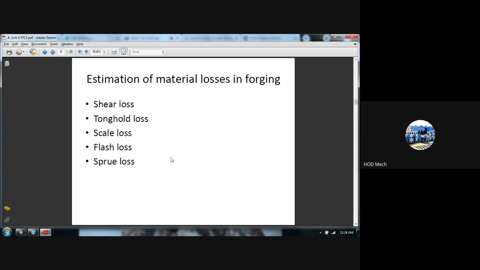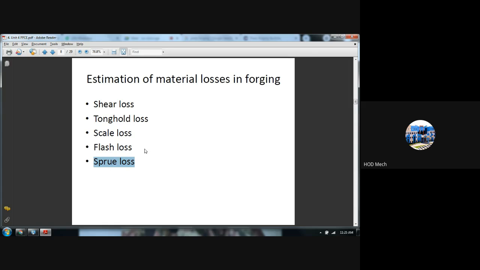And then when you come for estimation of material loss in forging, material loss. For forging பண்ணும்போது there may be certain losses that can occur while doing the process. அப்போ based on those losses, what are the major things that we have to look into or give careful consideration as an engineer while estimating? அப்படின்னு பார்க்கும்போது shear loss, stronghold loss, scale loss, flash loss, screw loss.